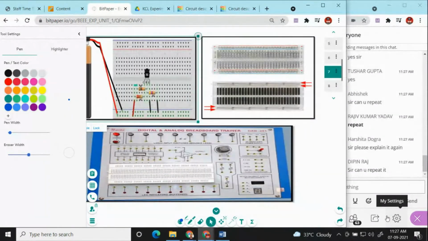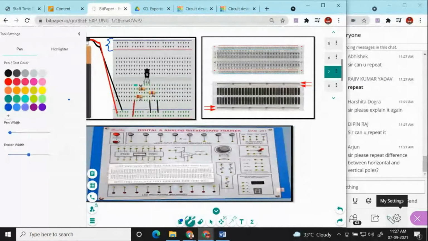One section is horizontal section, this one is horizontal section, and another section is vertical section. This is vertical section. This is second section, and this one is your first section. First section is horizontally connected with each other. Okay, all the connections are horizontally connected with each other.